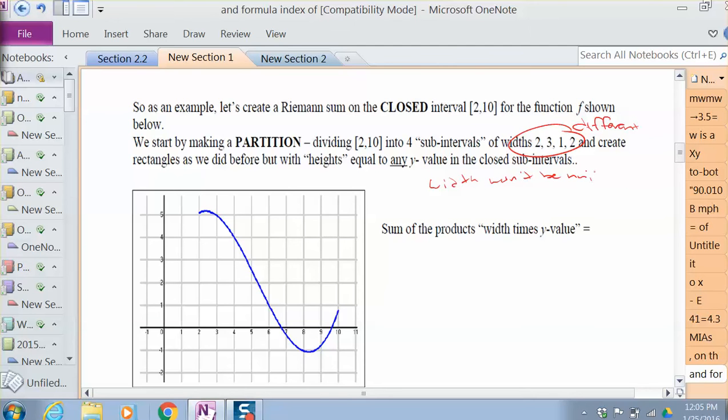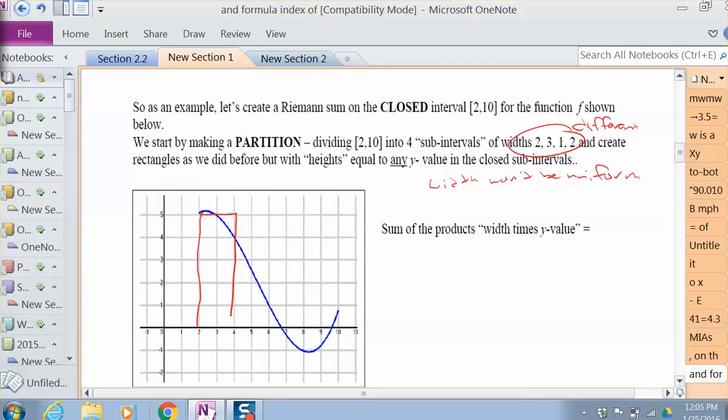It could be if we want it to be, but I don't want to. And we create rectangles like we did before, but heights equal to any y value. So we kind of have this somewhat open-ended. Let's say I drew something kind of like this here.